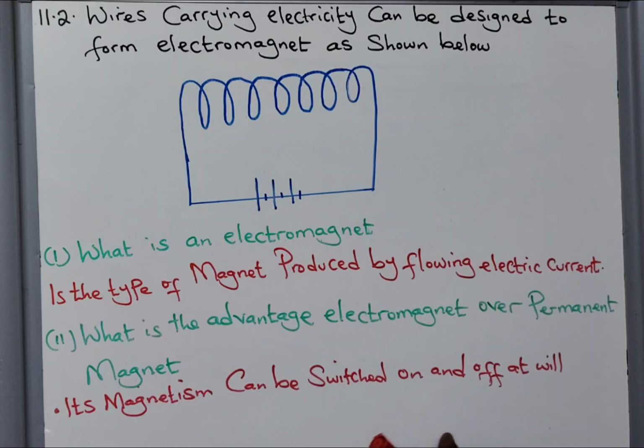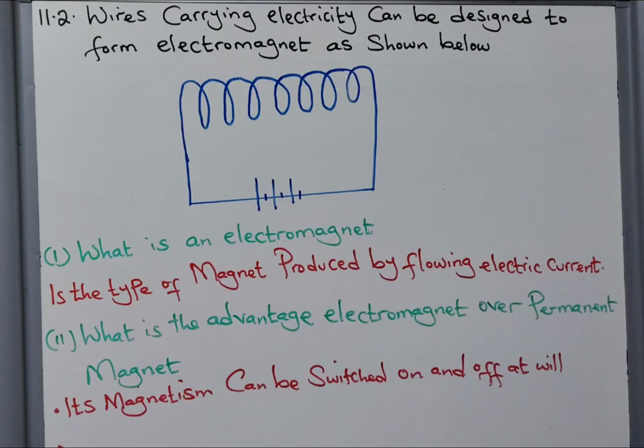This one can provide some advantage. For example, during the pickup of metallic material, you switch on, it is picked up, it is taken to another point, then you switch off, it is dropped. What is the second advantage the electromagnet provides over permanent magnet?